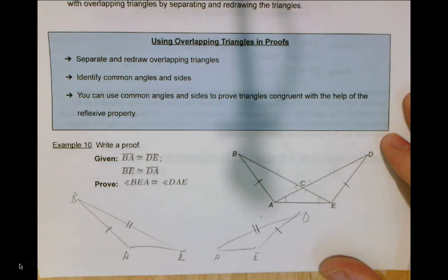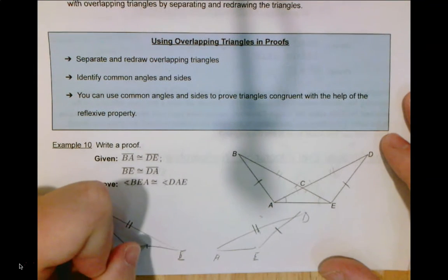Now, so that was step 1 of the hints, separate and redraw. Identifying common angles and sides. Remember I said in the beginning that sides and angles that were common before I separated them, they're still common. Because I redrew it doesn't mean that they're no longer common. Which ones are still common?